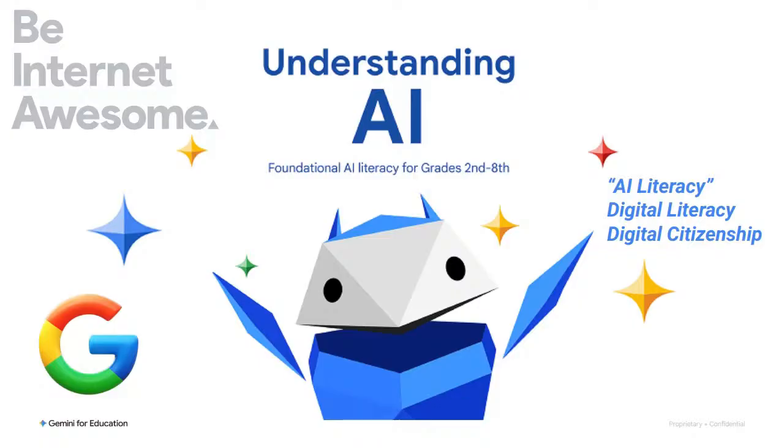Of course, AI literacy focuses on the artificial intelligence component, but as you will see from the digital literacy and digital citizenship lens of understanding AI through Be Internet Awesome, a lot of these are very prevalent and are interwoven. So we're going to highlight some of them because this program, aimed at grades 2 to 8, is really understandable. A lot of these ideas can be applicable to all.